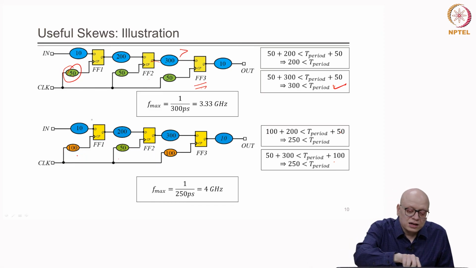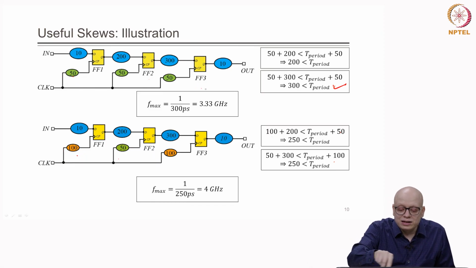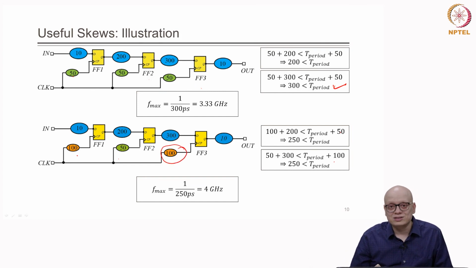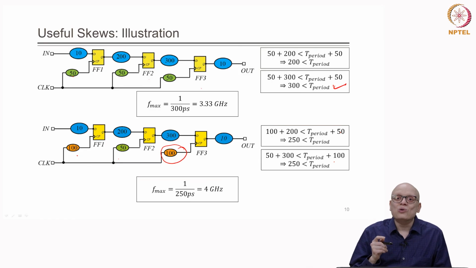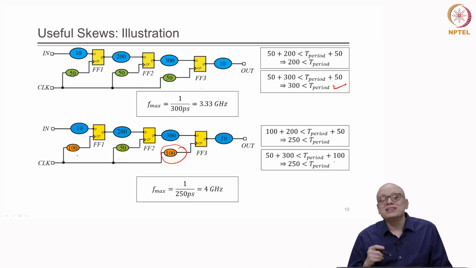Another important thing is that when we introduce delay on the clock path, for example this clock path, we are improving or relaxing the setup requirement, but we are making the hold requirement stricter.